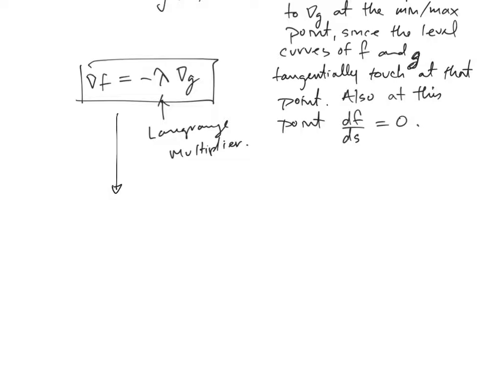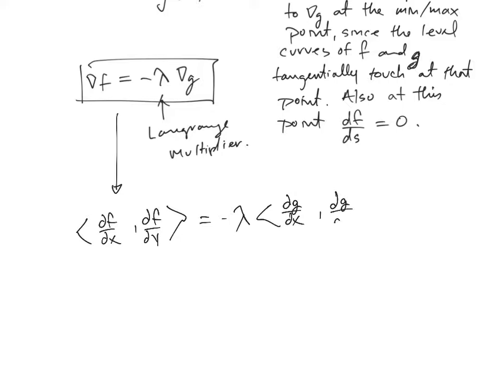So if we take this equation now, what is the gradient of f? Well, it's a vector. It's the partial derivative of f with respect to x, partial derivative of f with respect to y, is equal to minus lambda times the gradient of g. And the gradient of g is the partial derivative of this function g with respect to x, partial derivative of g with respect to y.